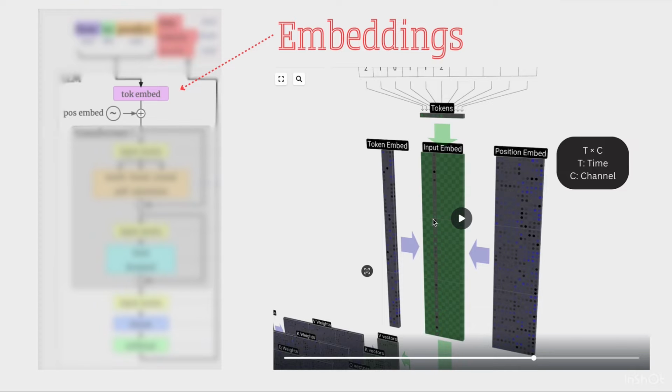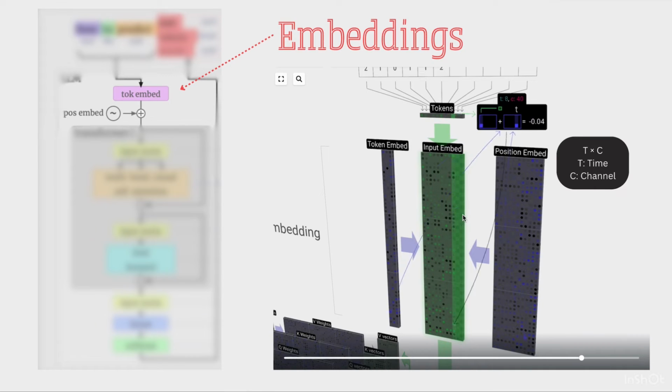We run the same process for all of the tokens in the input sequence, creating a set of vectors for both the token values and their positions. By adding them up, we end up with the input embedding that we are going to use as the input of the model.